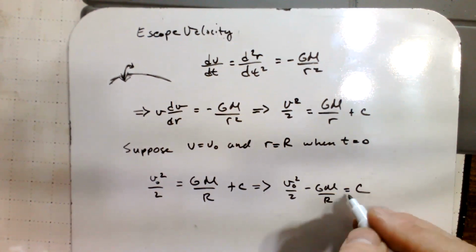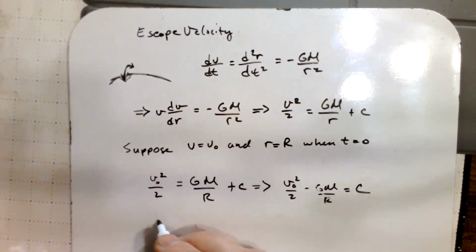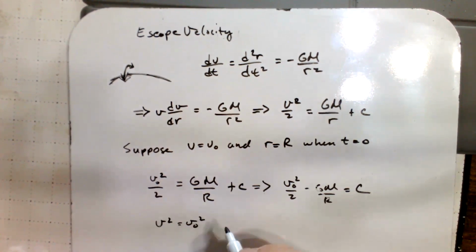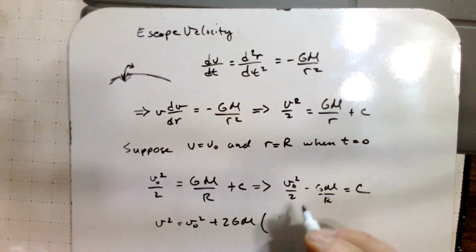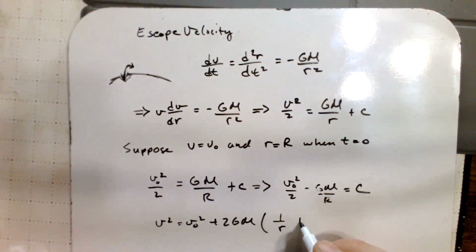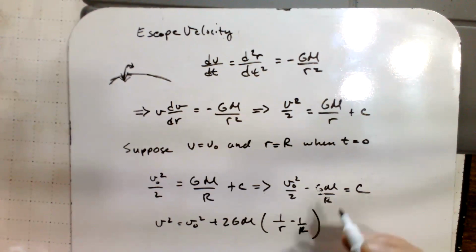And so if we plug our constant in, we're going to get that v squared is equal to v naught squared plus 2gm times (1 over r minus 1 over R) for any height later, right? So as the time goes on, this thing goes up.